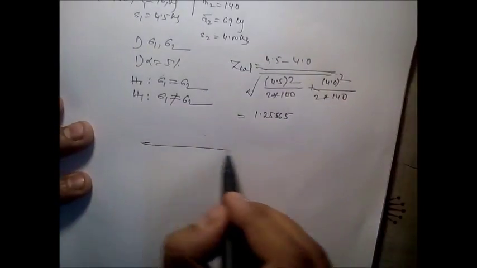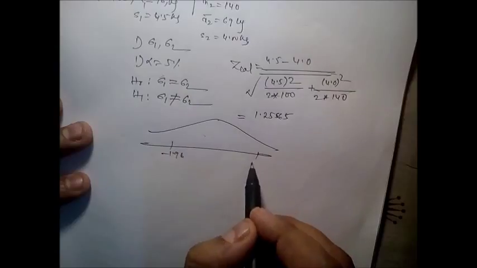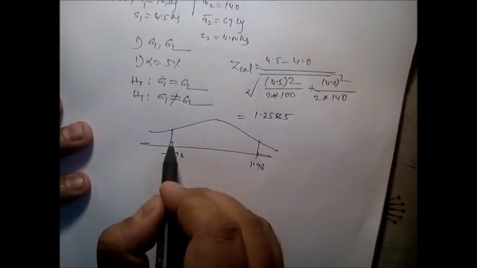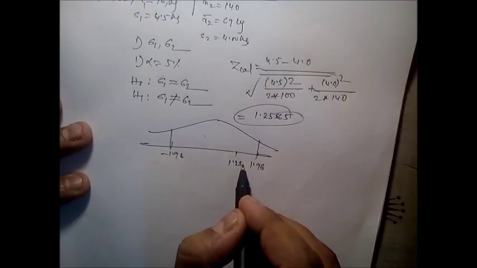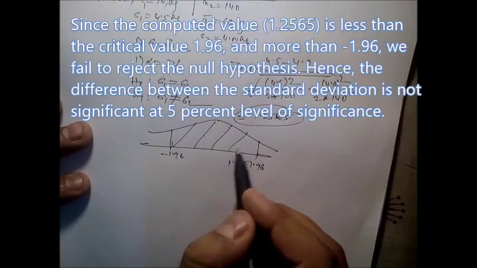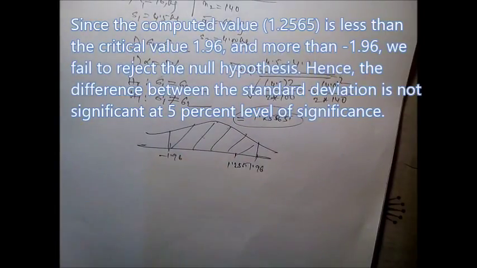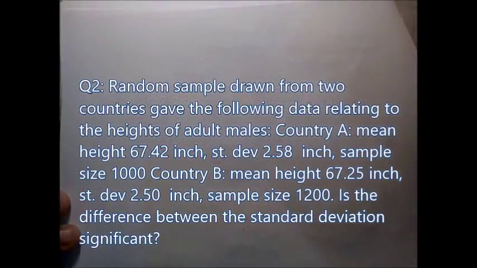Alpha is equal to 5%, and the calculated value is 1.2565. Hence, do not reject the null hypothesis. Okay. Next problem.